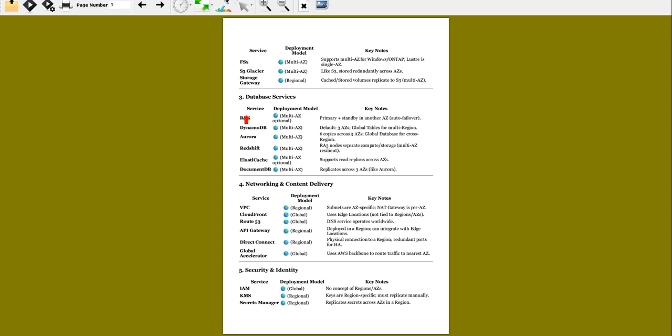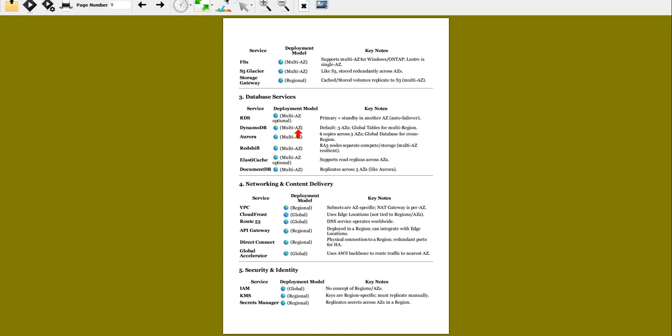Database services, right? The service, deployment model, and key notes. RDS, Relational Database Service, is multi-availability zone optional. You apply a primary plus a standby in another availability zone for auto failover, right?